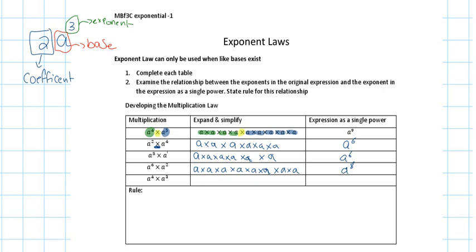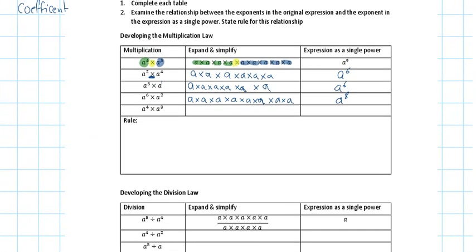So all what I'm doing is I'm keeping the base. Now in this case, I have the same base. So both bases are a, right? So I'm keeping the base, and I am adding the exponent. So that would be 4 plus 3, which is a to the power of 7. Right?